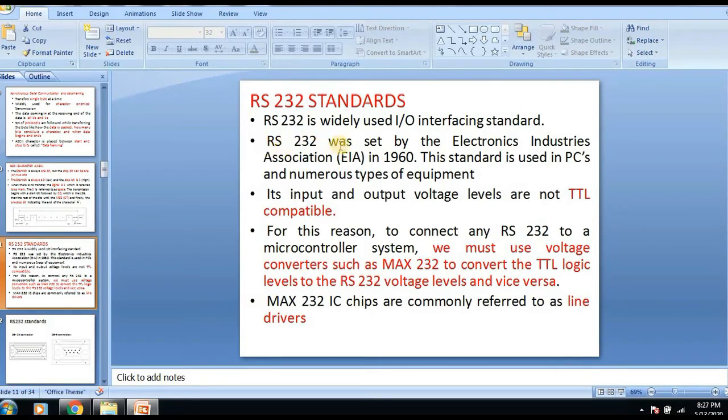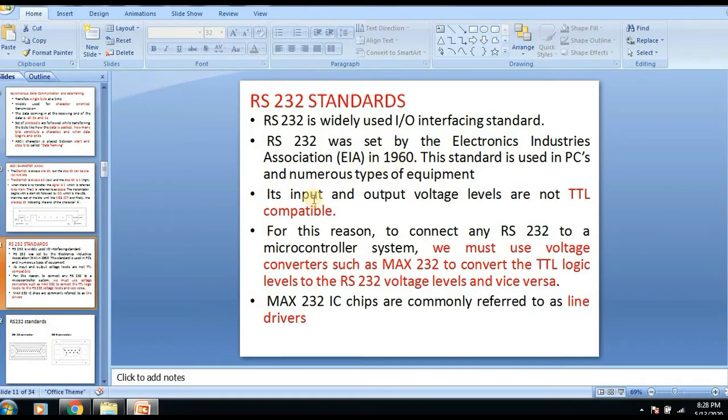This RS-232 is a very popular IO interfacing standard and it is used in all PCs and in many other equipments. This RS-232 was set by the Electronic Industries Association in 1960.